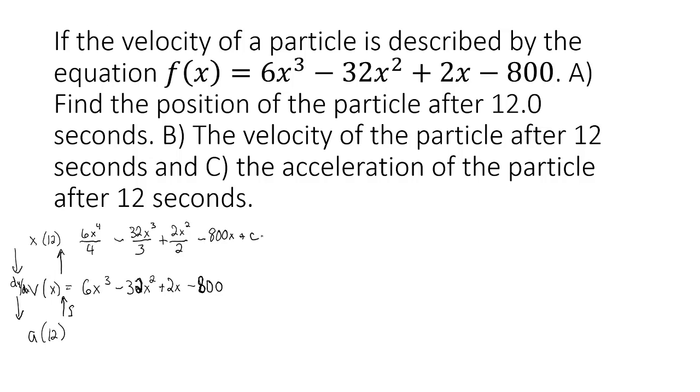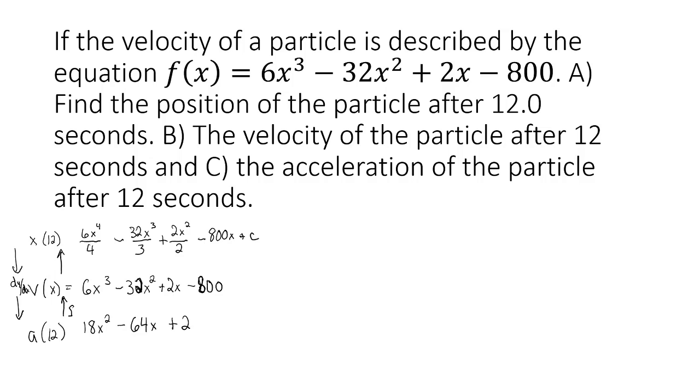And we don't have a constant, so we could just make that 0 in this particular problem. We're assuming that it's 0. All right, for the derivative, we're going to say that this is 18x squared minus 64x plus 2. And again, we're going to plug 12 into all of them.